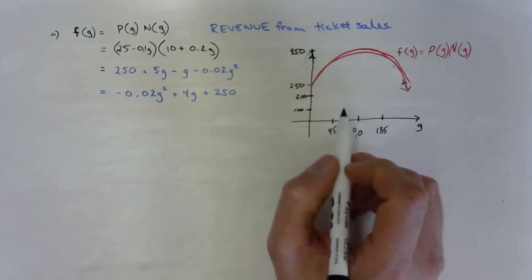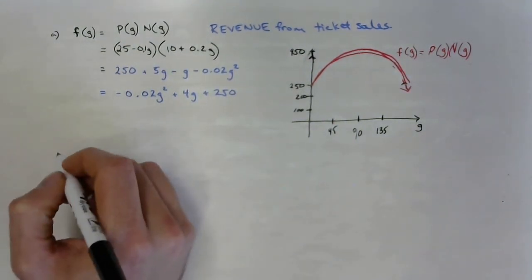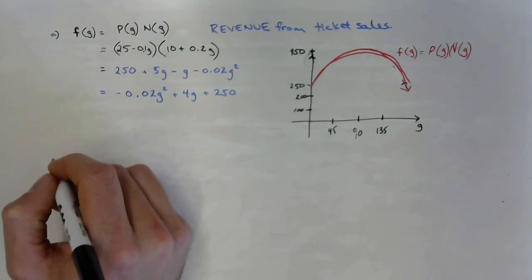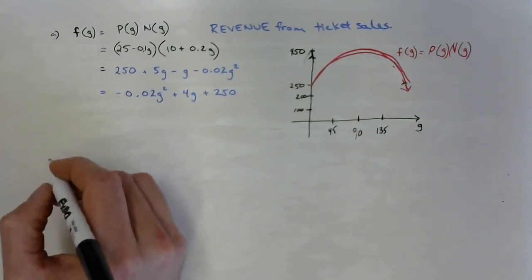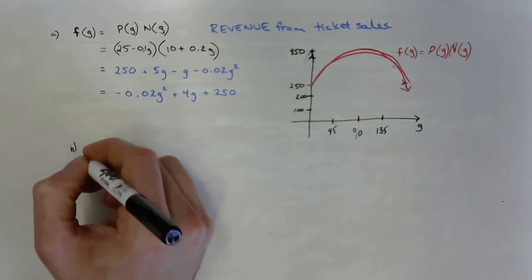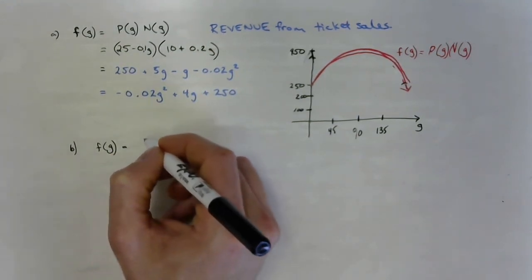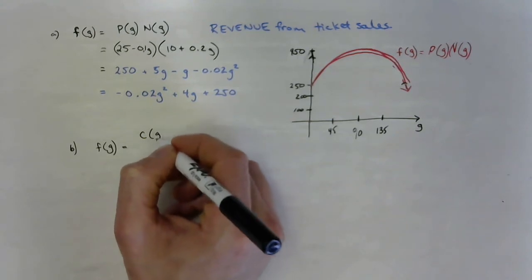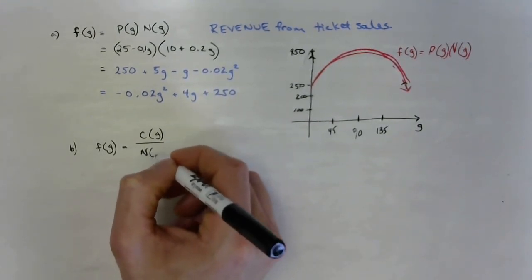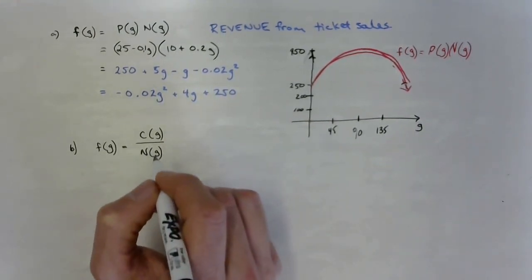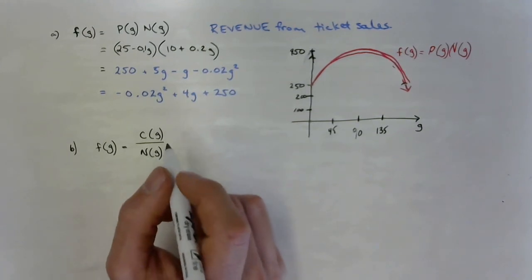B says, develop an algebraic model for f of g equals c of g over n of g. So B is f of g equals c of g over n of g, and explain what it means.